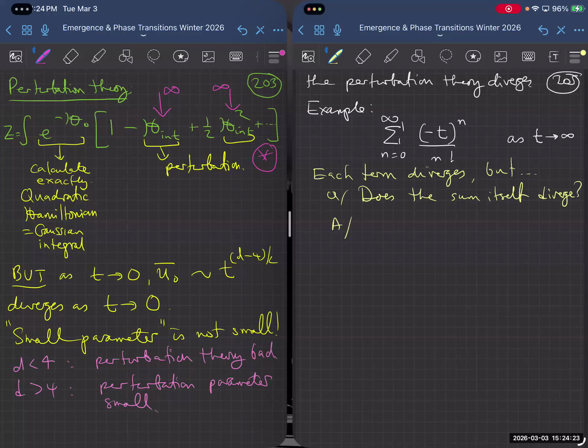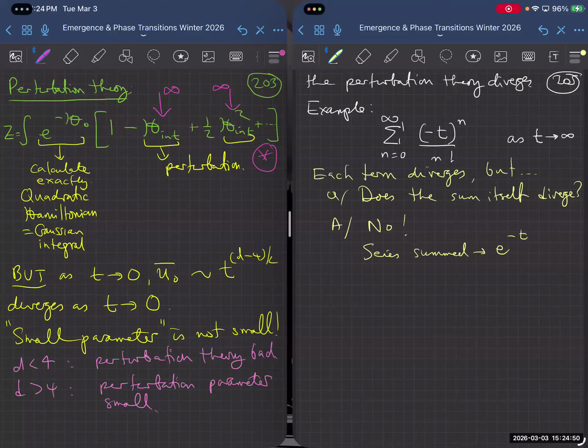The answer is, it's just the exponential. Does it diverge? No. So what does it converge to? The summed series goes to e to the minus t.